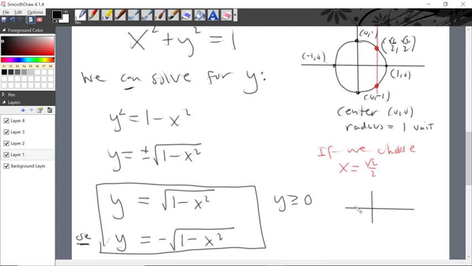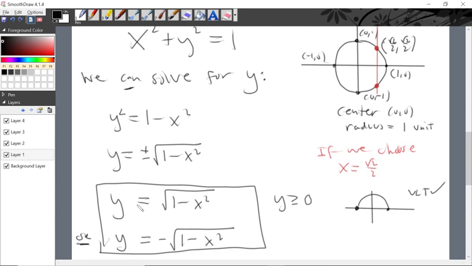If we just take the upper half of the graph of the unit circle, that would be expressed by this, and this is a function. It does pass the vertical line test. On this curve, if we were to choose x equal to root 2 over 2, it could only correspond with a quadrant 1 point.